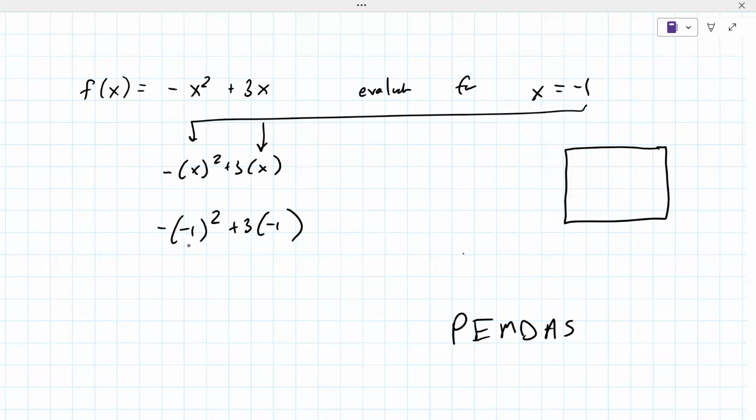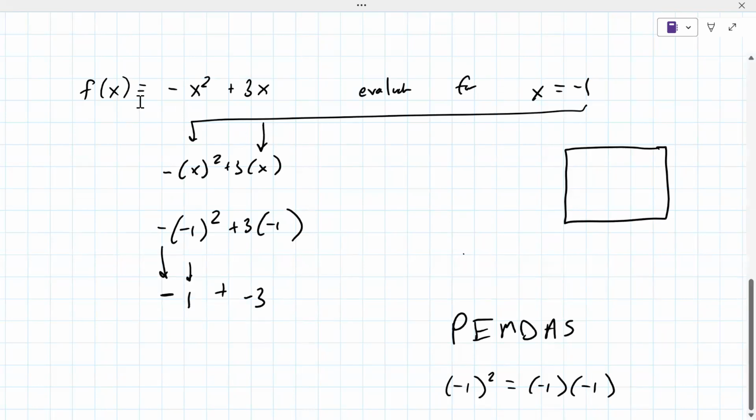So you're multiplying -1 by itself. -1 squared means -1 times -1. Oh yeah. Oops. So that becomes +1, and then you bring down this negative. And then 3 times -1 is -3. So how do you want to change your answer?